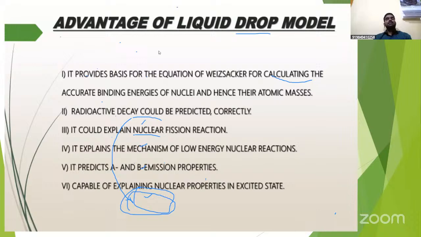So the first advantage of the liquid drop model is that it provides the basis for the equation of Weizsäcker, the semi-empirical mass formula, for calculating binding energy. Weizsäcker is a scientist.